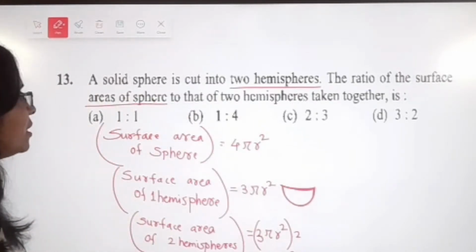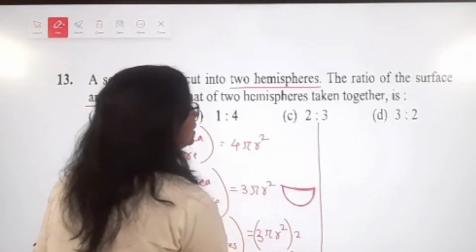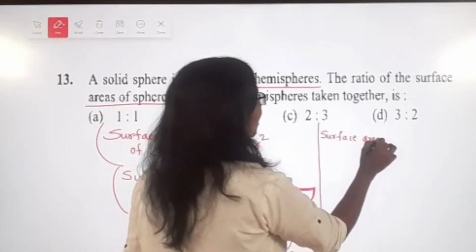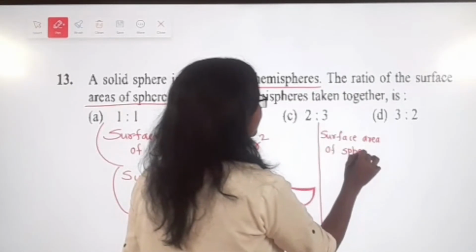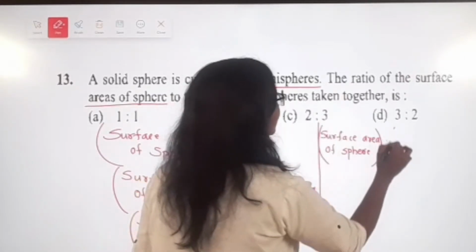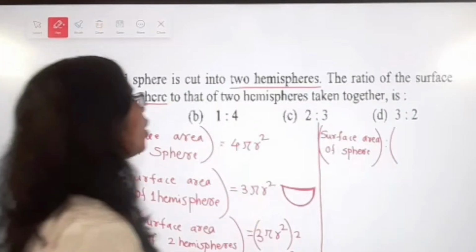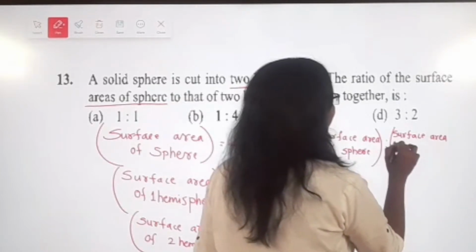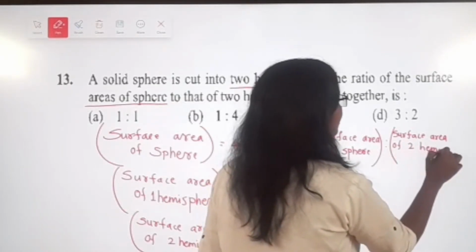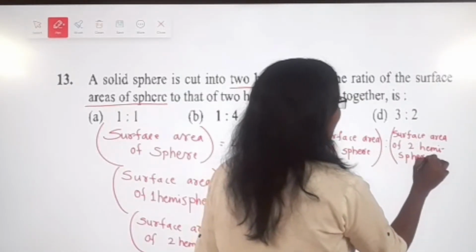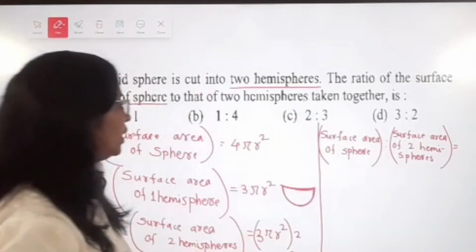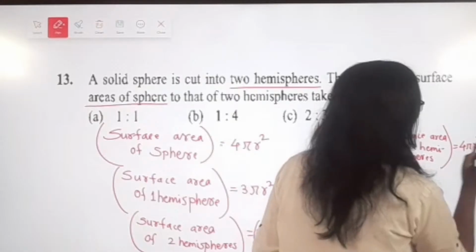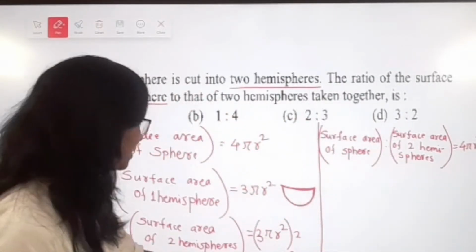So the ratio means surface area of sphere is to surface area of two hemispheres. Surface area of sphere is 4 pi r square, and surface area of two hemispheres is 6 pi r square.